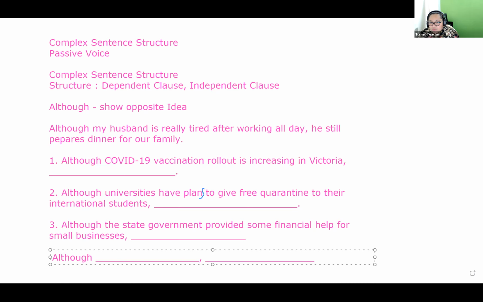Although Apple tried to fix a number of security flaws in their operating system, a small number of people... instead try not to use people: a small number of subscribers, a small number of users, a small number of tech savvy. So use a different word for people. A small number of tech savvy are still able to breach other gaps in programming.